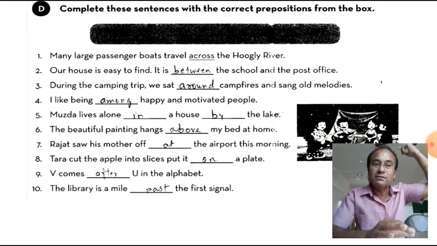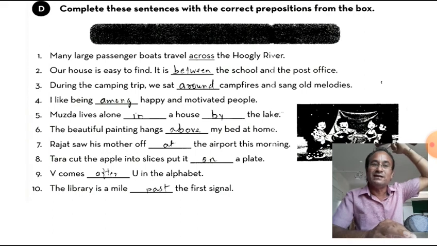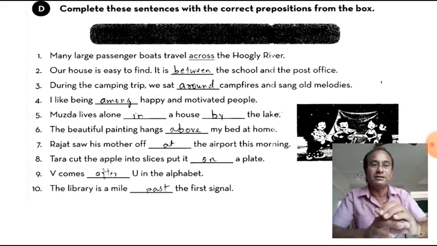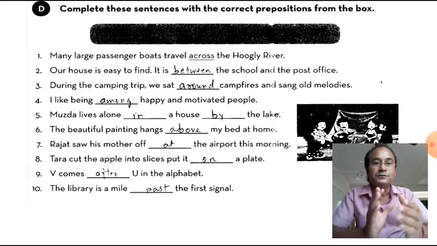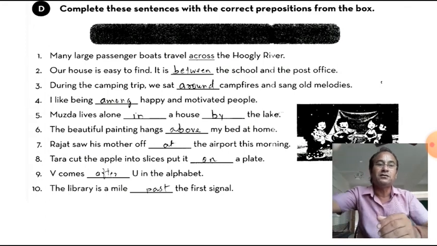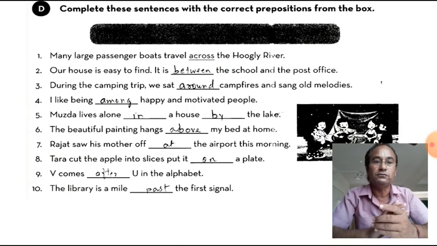If it is hovering over something, then over. If I have kept it touching my head, then on. That's why the beautiful painting hangs above my bed at home, placed at the wall.